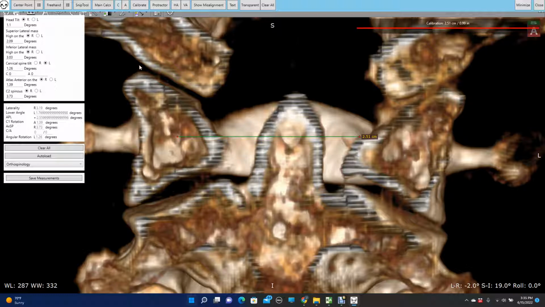Condylar tool, I'm going to drop 4 points all on the weight-bearing surface of the C0 joint. And for the axial circle, we will measure it over the top of our axis.